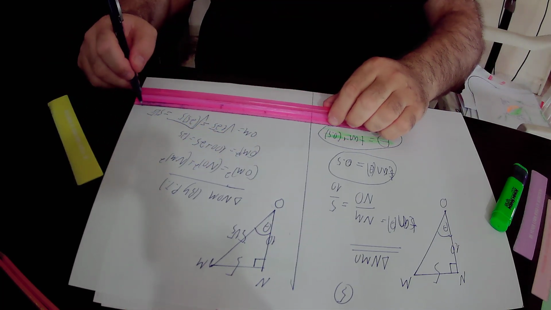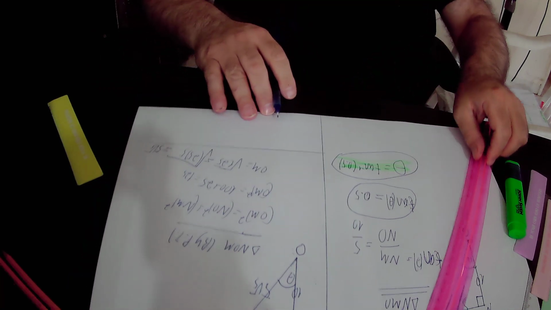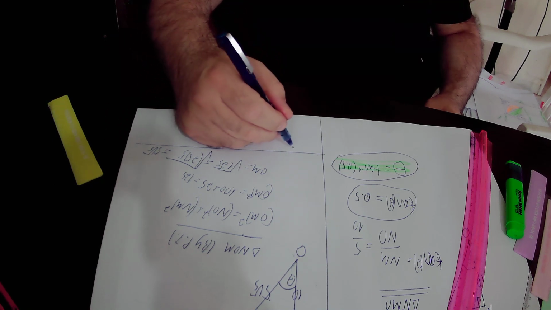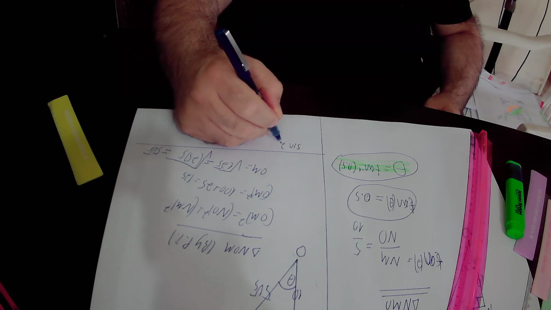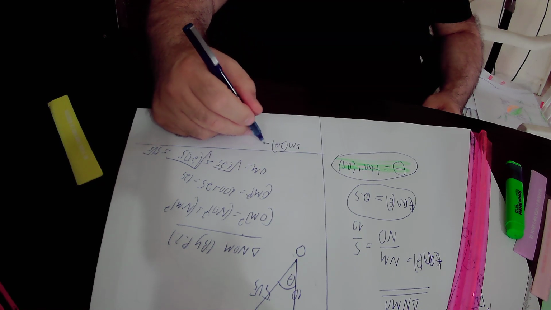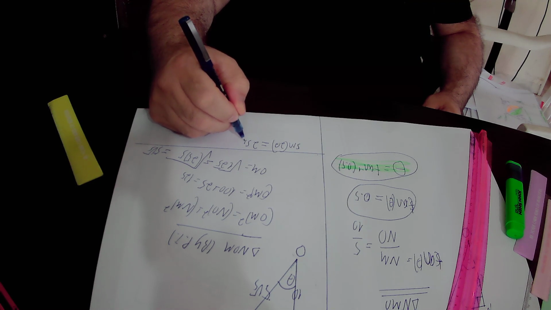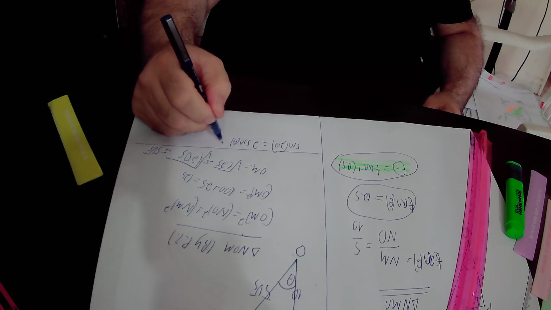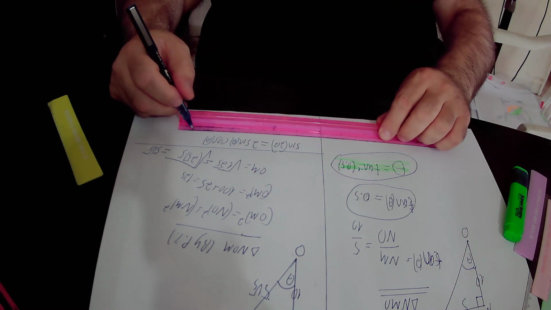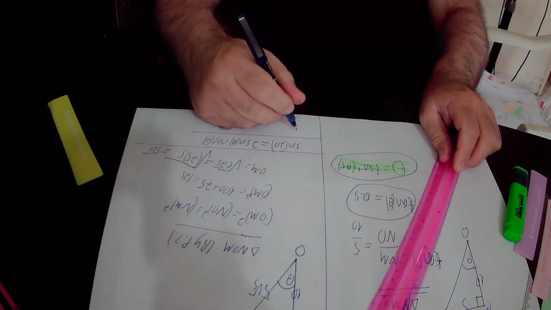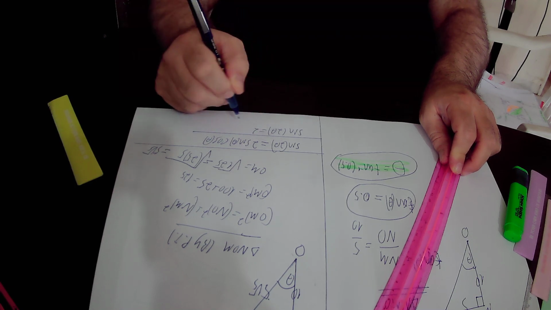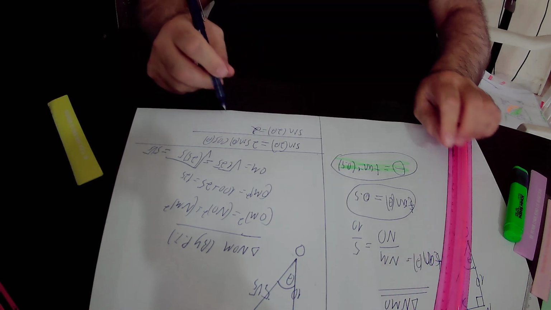Now our mission is to find the value of sine 2 theta. We have the trigonometric identity that states that sine 2 theta equals 2 times sine theta times cosine theta. That is to say, sine 2 theta equals 2 times sine theta.